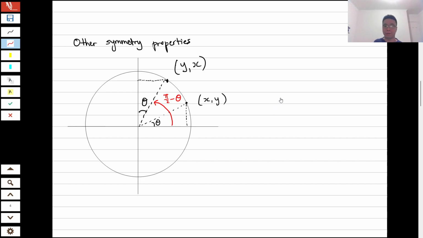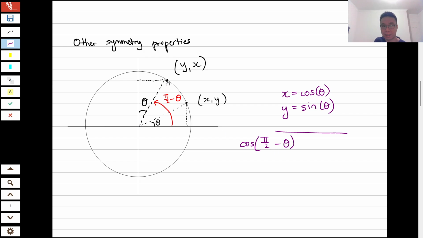And so if we say that x equals cos theta and y equals sine theta as a starting point, then in this diagram what we are saying is cos of pi on 2 minus theta is the x value of this coordinate here, which is now y with reference to the original y value for theta.